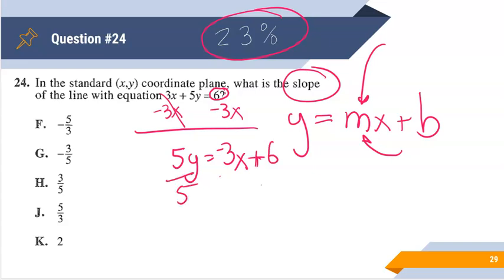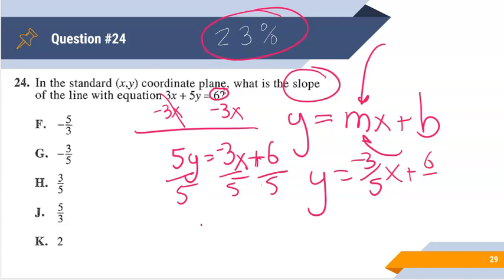And then I divide everything by 5, we get y equals negative 3/5 x plus 6/5. And again, slope is m, so our slope is negative 3/5. So our answer is choice G.